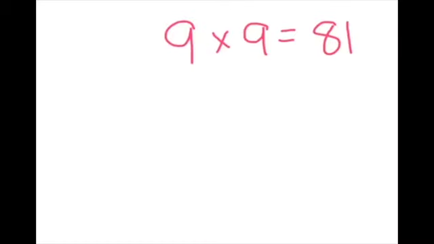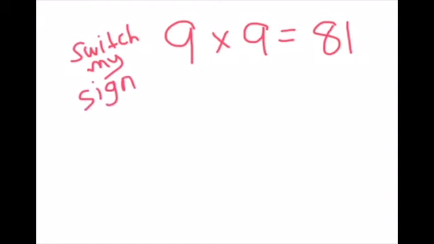So this time for the inverse operation, let's try it one more time. What does inverse operation mean again? It means I'm going to switch my sign, and we're going to switch it from a multiplication sign to a division sign because we know multiplication and division are related.